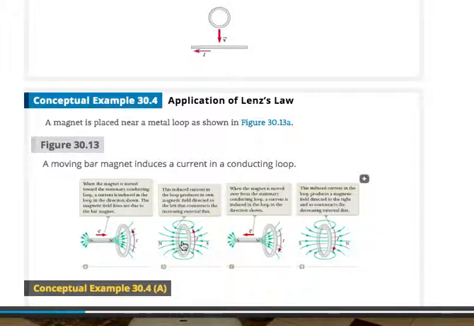If this was increasing, I want to create a magnetic field that goes in the opposite direction, which is why my current runs up there. If you are reducing this magnetic flux, in other words, you're pulling the bar magnet out, then you want to create more magnetic field going in the opposite direction. And so you would have this clockwise sort of motion, current going there.